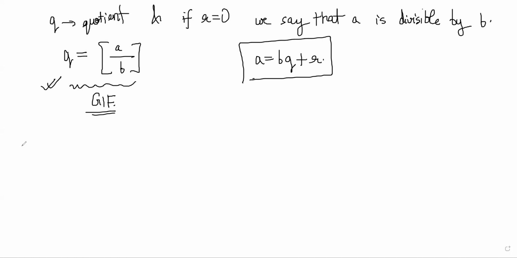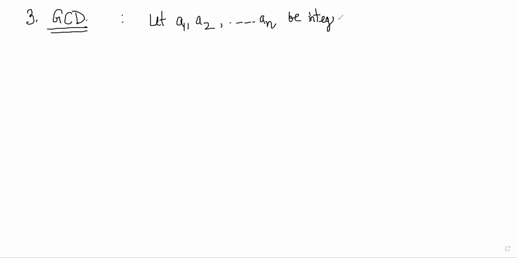The next topic that we look at in this section is called GCD. And I know you are all familiar with the idea of GCD. So I will quickly describe the definition. So let's say let A1, A2 till AN be integers that are not all zeros.